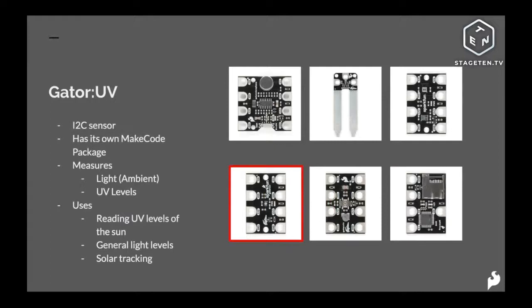So we can compare the amount of UV radiation on a cloudy day versus a sunny day and log that data and look at it over long periods of time, or program the microbit to react to something, let's say high UV radiation. Maybe the microbit moves some type of cover over a plant or something like that where it'll shade it a little bit more.